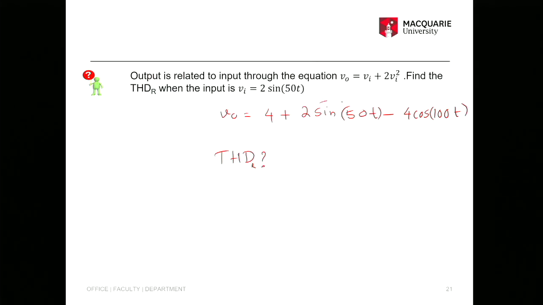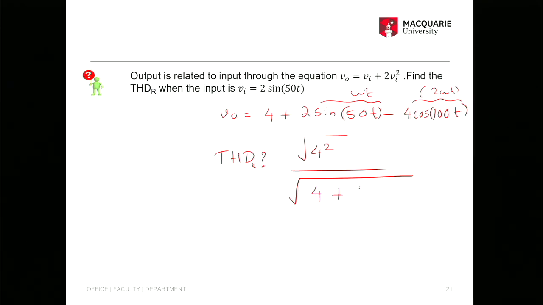So this is the omega t term, right? And this is the 2 omega t term. So total harmonic distortion is the root mean square of all the amplitudes in the harmonics, which in this case is just the 2 omega t term, 4 squared, divided by the square root of the total signal except the DC part, 2 squared plus 4 squared.